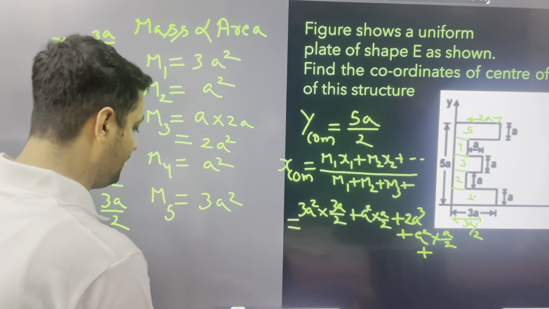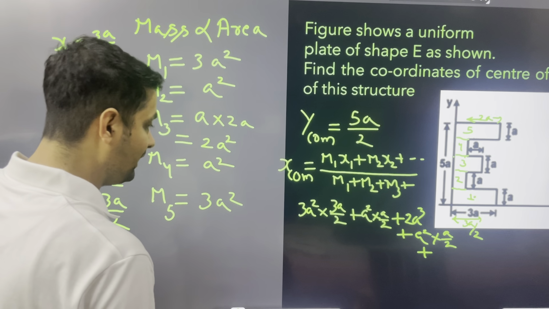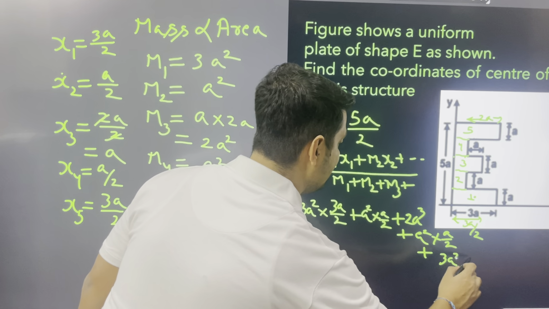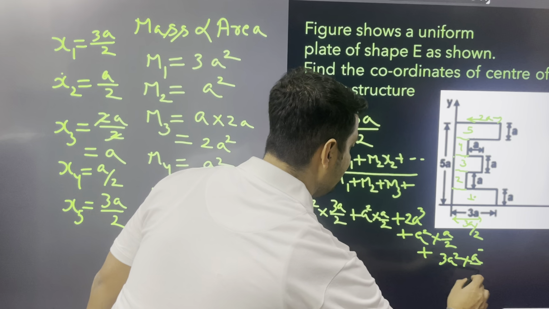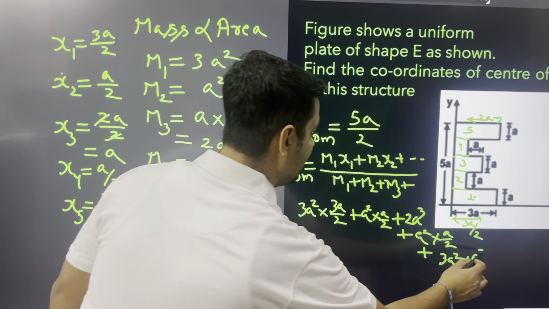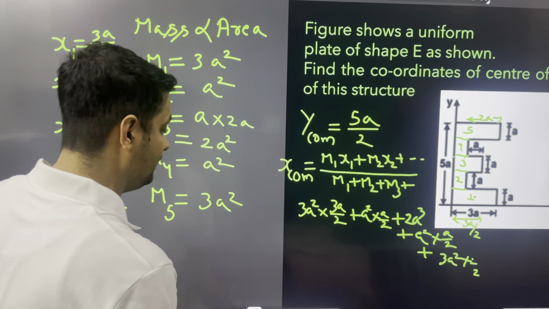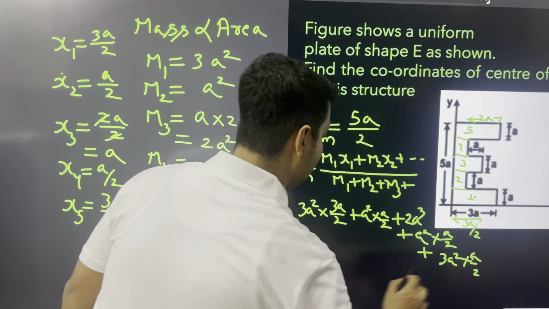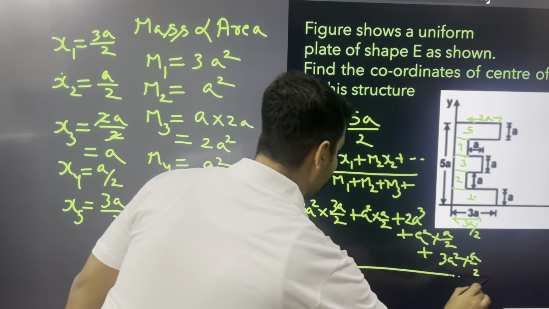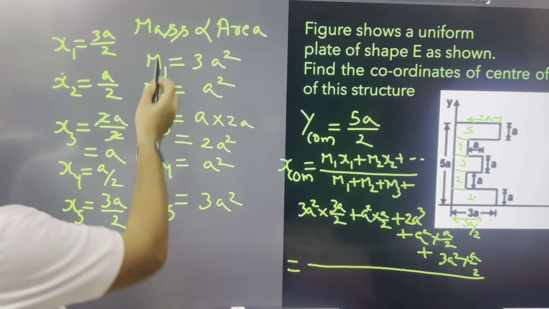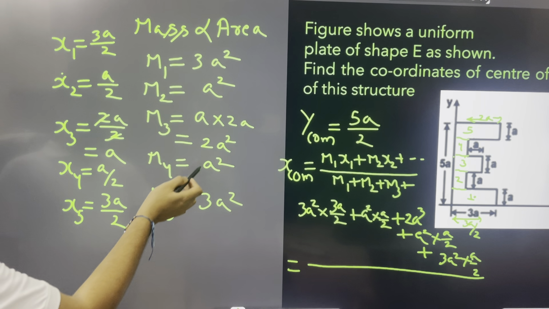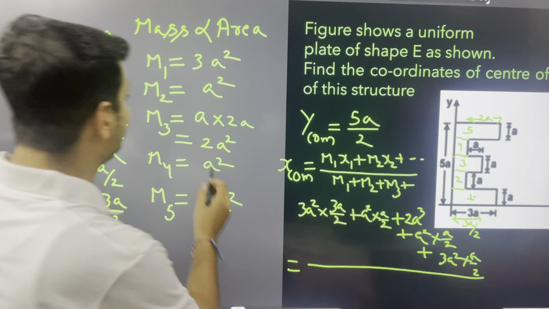Here we can write 3a square into a by 2, correct, divided by, I will add all: 3a square plus 2a square plus a square plus 3a square.